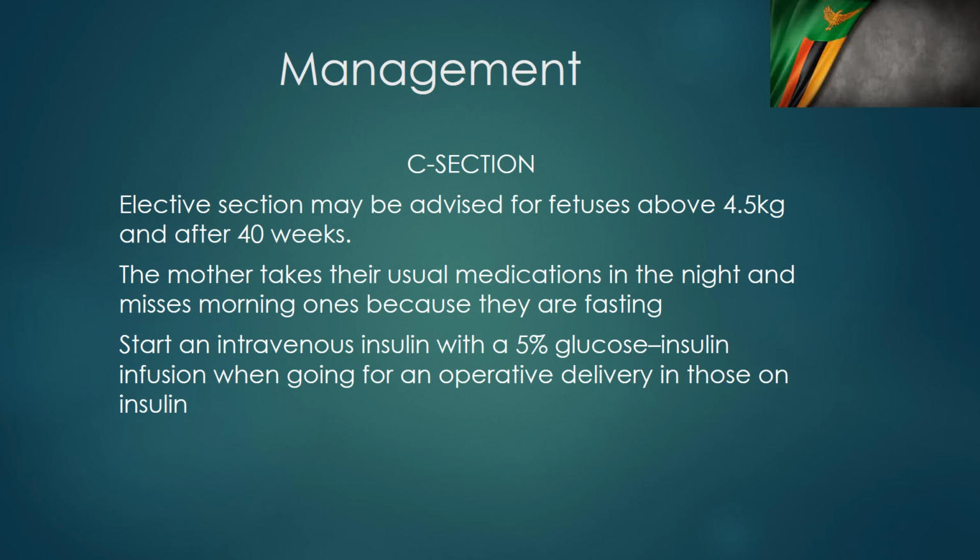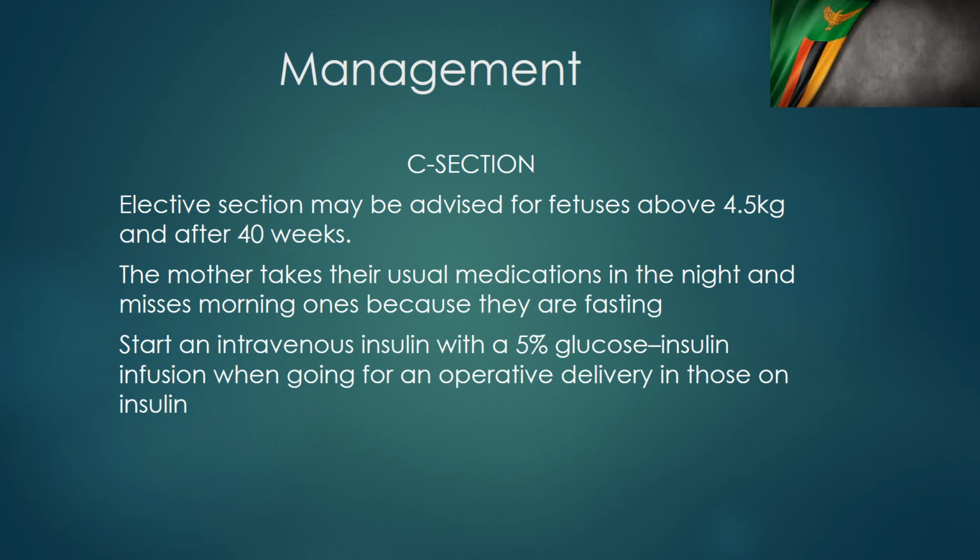Just like a normal delivery, once the placenta is removed, the needs for these hypoglycemics go down, and in gestational diabetes, we need to remember that usually these patients will not need any hypoglycemics after delivery, and they need to be stopped.